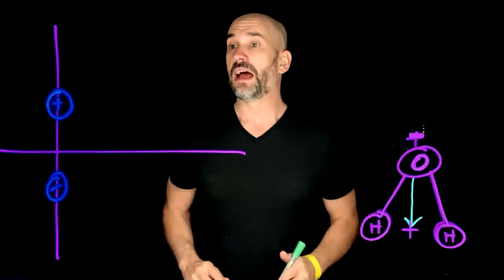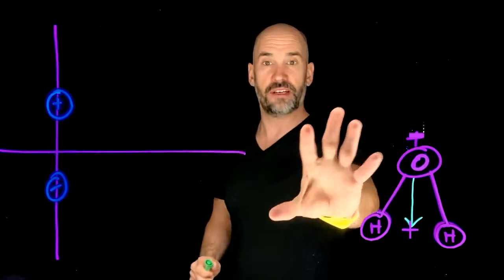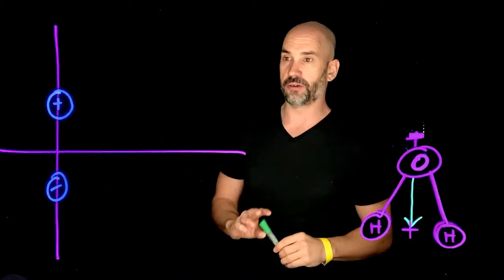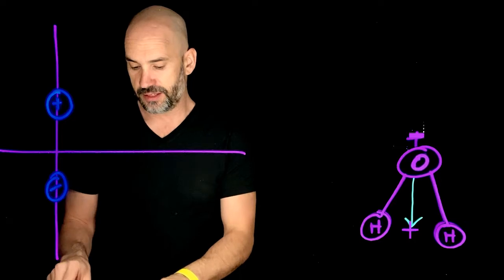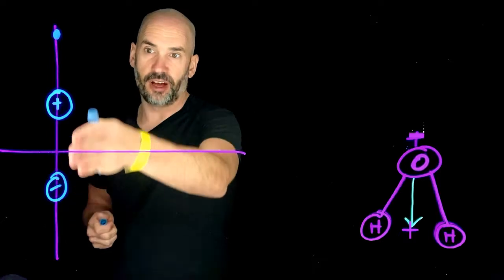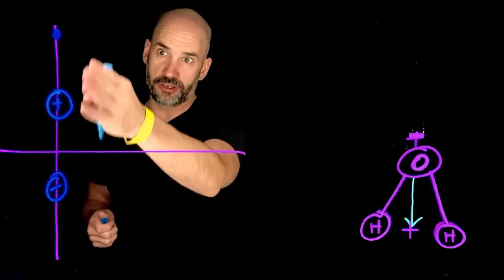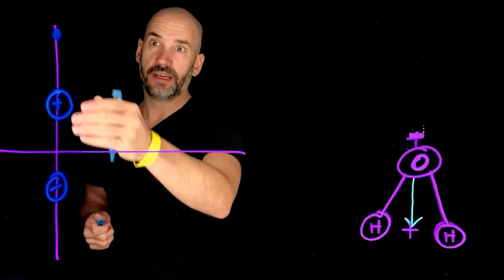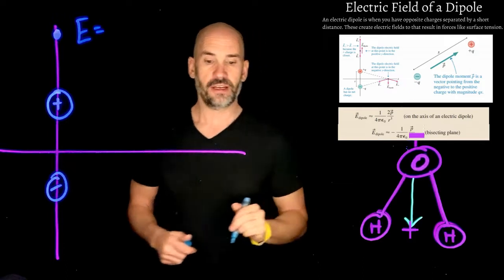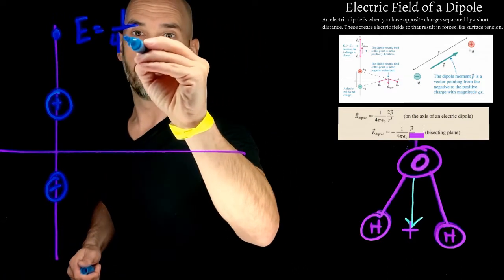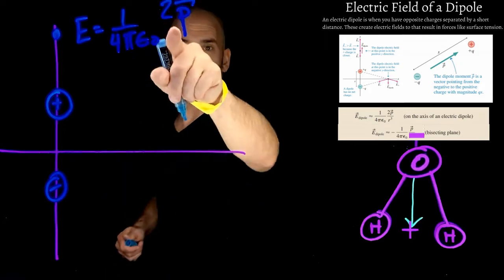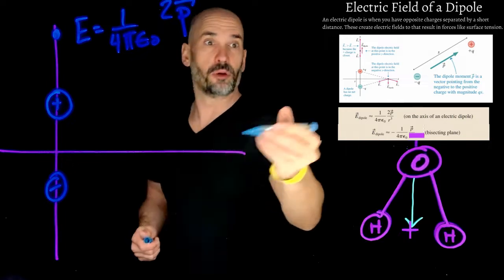Okay, so how do we calculate what the electric field will be out here or out here as a result of this dipole moment? Well, it turns out that if we want to find the electric field on the axis of the two charges, so on the axis of the dipole moment, then the electric field is going to be, as you can see on the slide over here, 1 over 4 pi epsilon 0 times 2 times this vector p, which is the dipole moment.